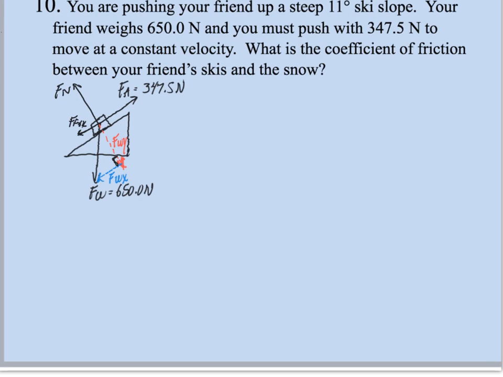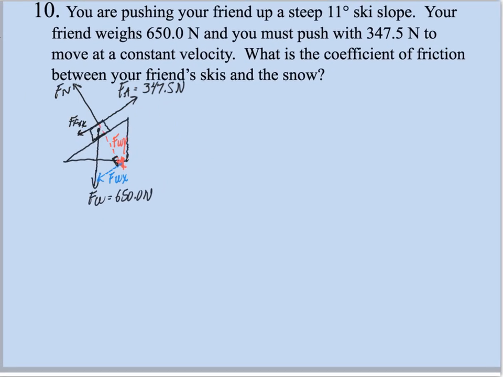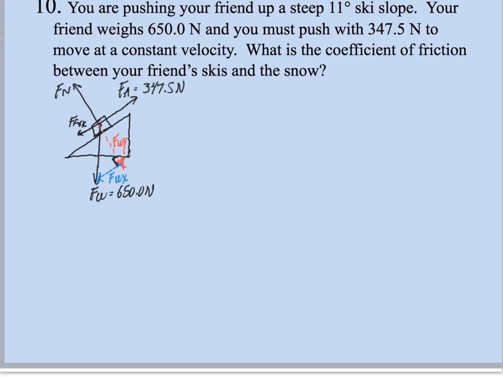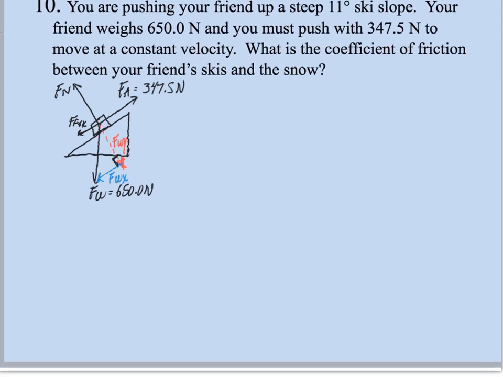All right, so what are they asking us to find? The coefficient of friction, right? That means we need two things. Remember that the friction force, in this case kinetic, is equal to the coefficient of friction times the normal force.